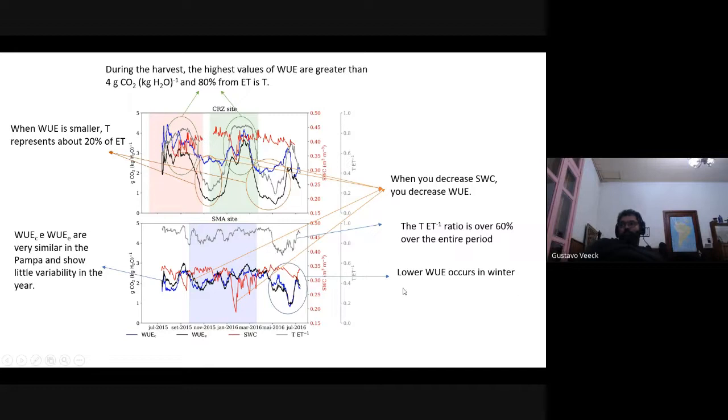The lower water use efficiency occurs in the winter, and the crop and ecosystem water use efficiency are very similar in the Pampa and show little variation in the year.